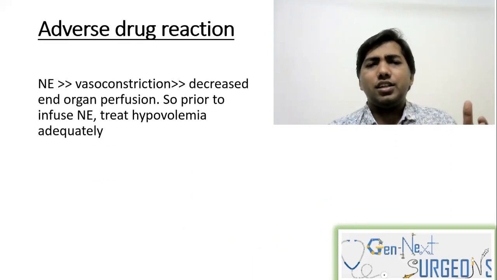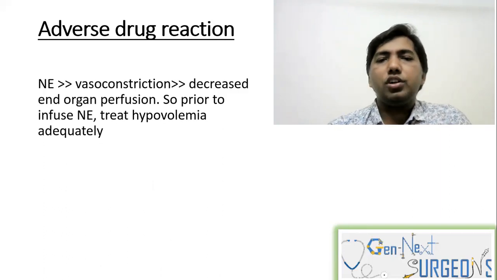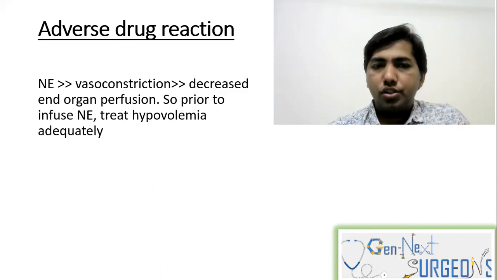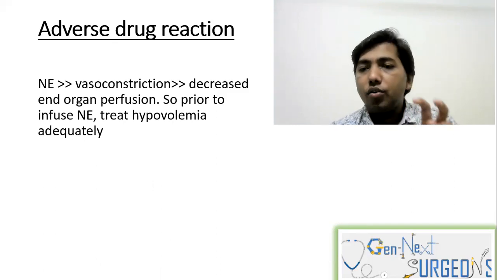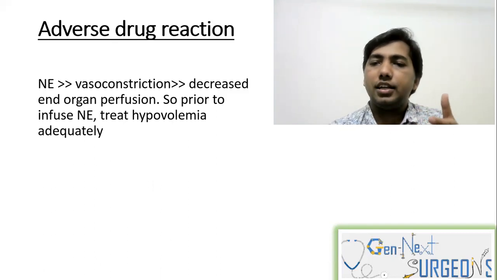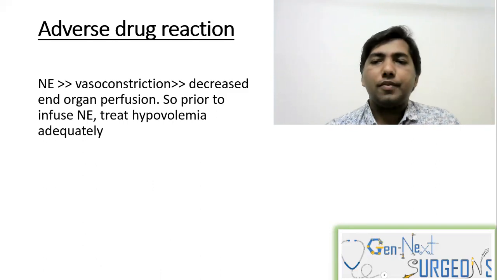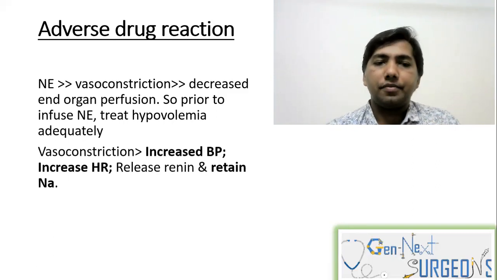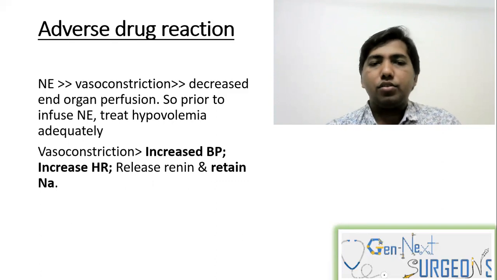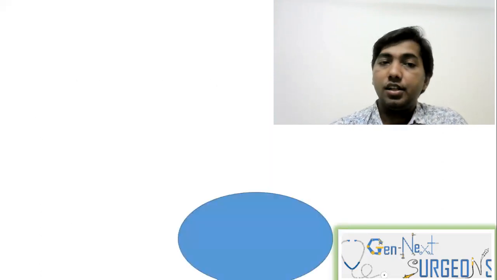Now, adverse drug reactions. The drugs are noradrenaline, dopamine, those things. You all know dopamine and noradrenaline cause vasoconstriction. So there will be decreased end organ perfusion. Ultimately, that can lead to kidney hypoperfusion, that means oliguria, AKI. Okay, and that also retains sodium and increases heart rate.